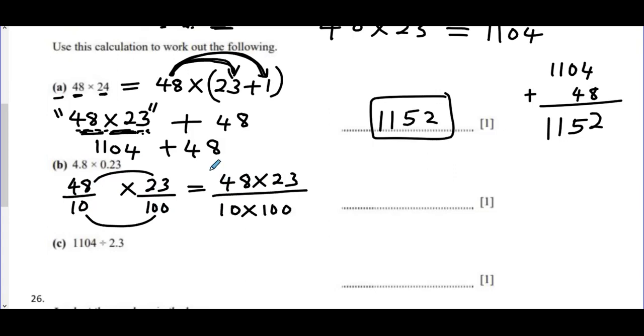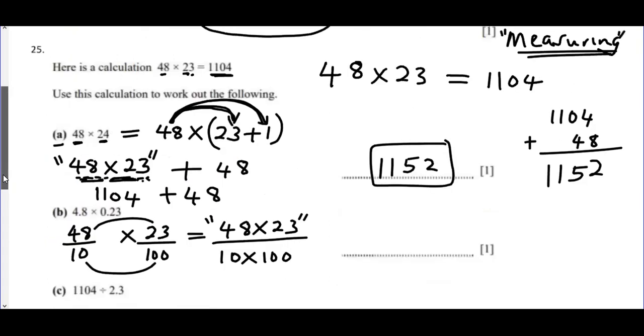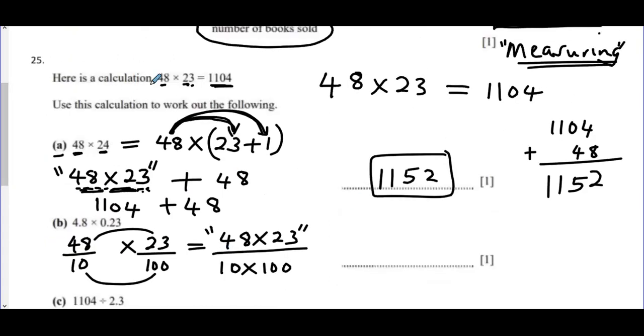What is 48 times 23? Don't use a calculator. Do not even use your manual multiplication. Look at the calculation given: 48 times 23 equals 1104. So you copy this answer, 48 times 23 will be 1104.